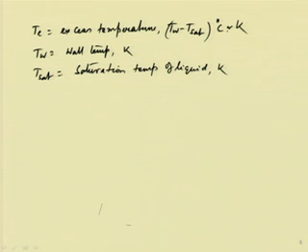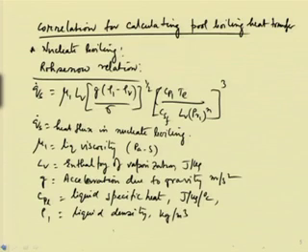And P R L is the liquid Prandtl number, and it is unitless, and Q dot S is in watt per meter square. Okay.